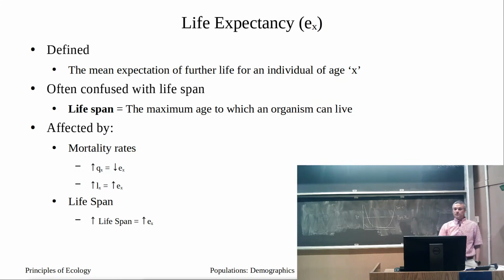So the life expectancy is the mean expectation of further life of an individual of age X. The life expectancy of a population is going to be calculated for those newborns, because we want to include all sources of mortality at all ages. But you can do it for every single age.